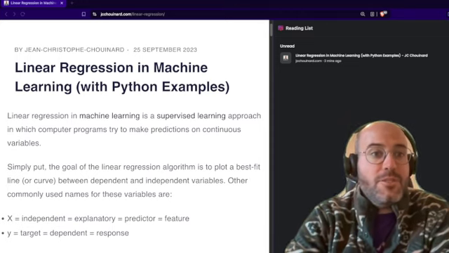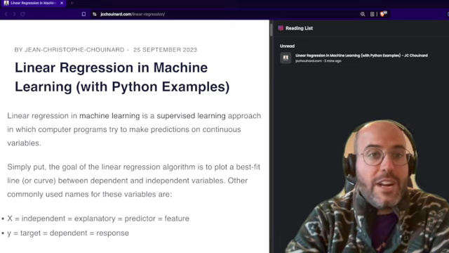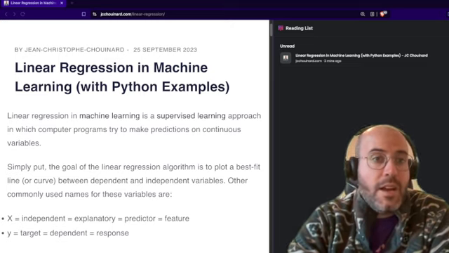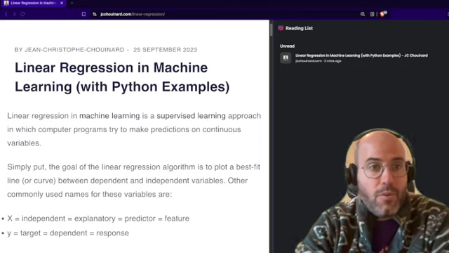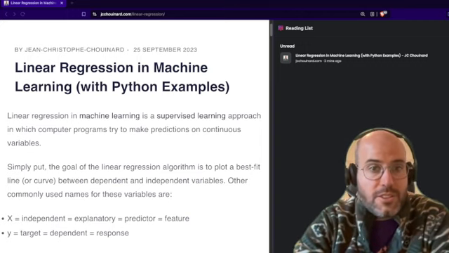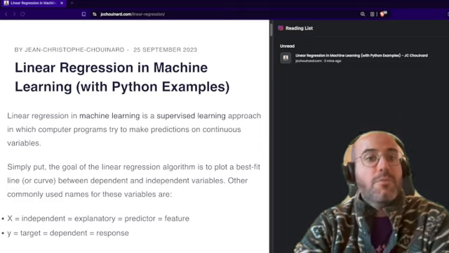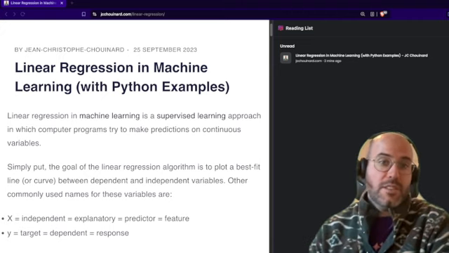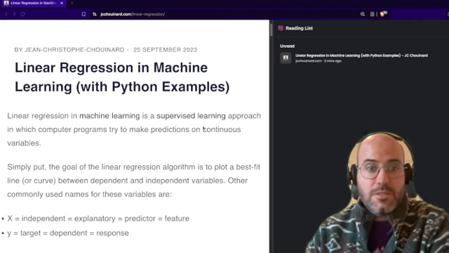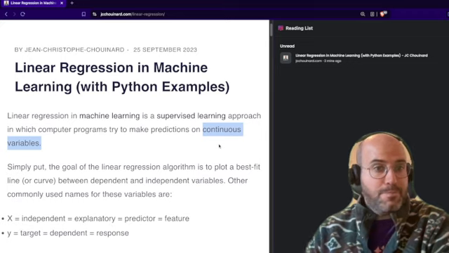Today I'm going to teach you about linear regression in machine learning, and I'm going to give you a few examples of how that works. So linear regression is a supervised learning approach in which computer programs try to make predictions on continuous variables.